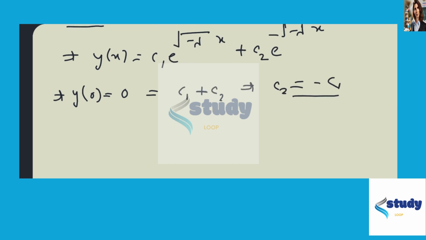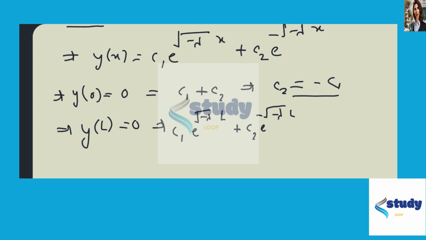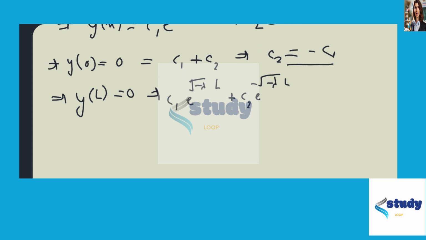Now from the second boundary condition we have y(L) = 0. So we have c1 e^(√(-λ) L) + c2 e^(-√(-λ) L). Since c2 = -c1, we can take c1 common. We will get e^(√(-λ) L) - e^(-√(-λ) L).